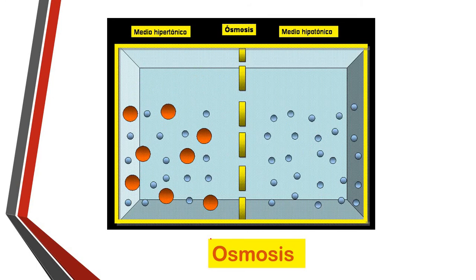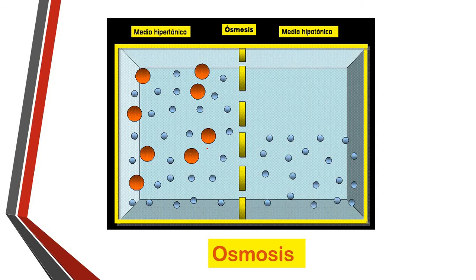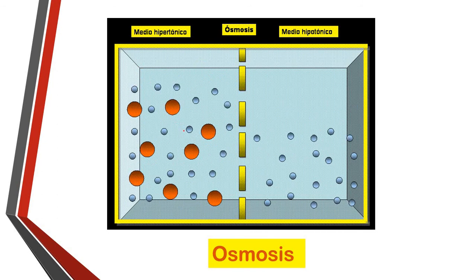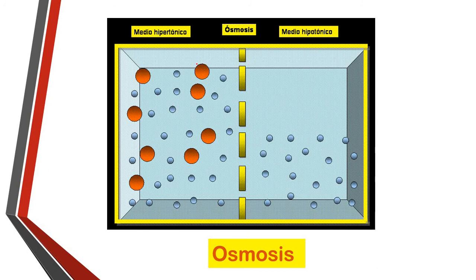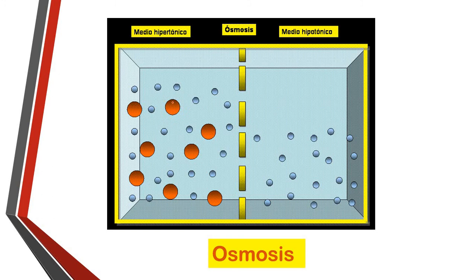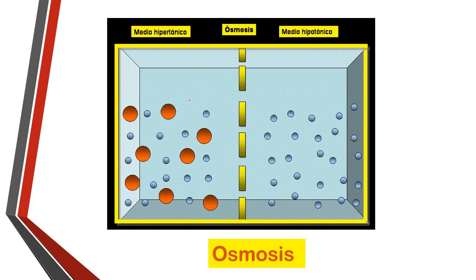This is the osmosis process. In this case, this is a permeable wall. These gray small circles are the water molecules, and these bigger circles are another kind of molecules.